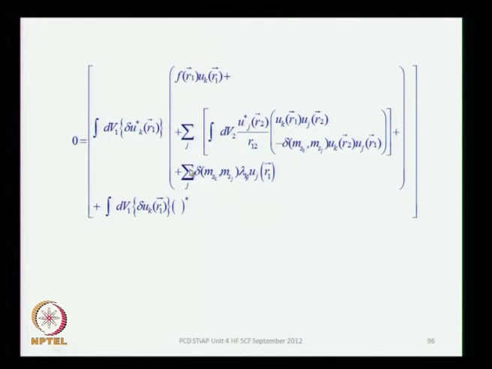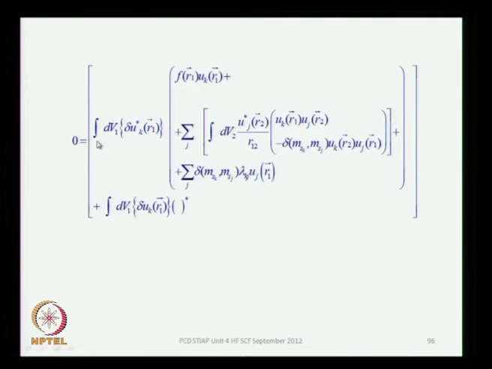So, let us factor out these terms, and now you have two rather interesting integrals to look at. What is this? This is an integration over the coordinate 1. This is an arbitrary variation in the kth orbital. So, look at this as an integral of an integrand, the integrand being a product of two factors, one is this factor and this is the other factor.